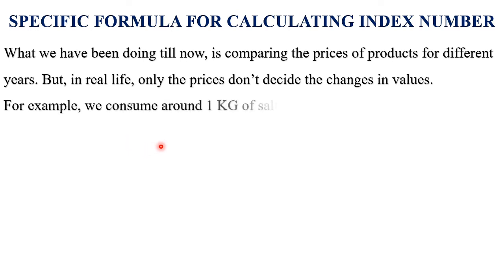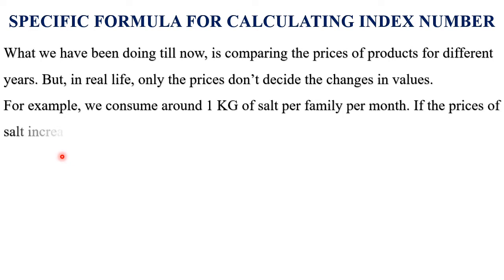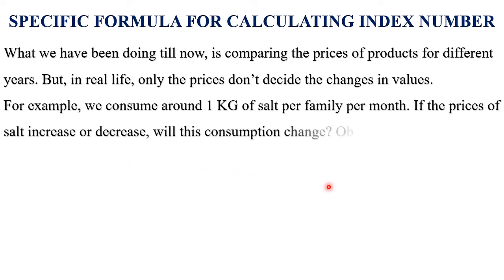We consume around 1 kg of salt per family per month. If the price of salt increases or decreases, will this consumption change? Obviously not, because it doesn't matter whether the price of salt goes from 20 rupees per kg to 30 rupees per kg, we are going to consume the same amount of salt.